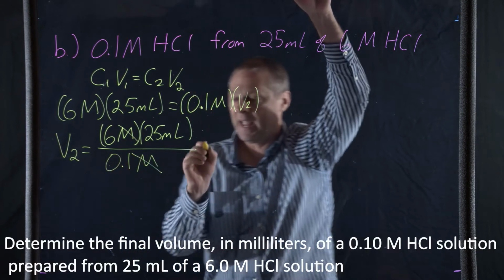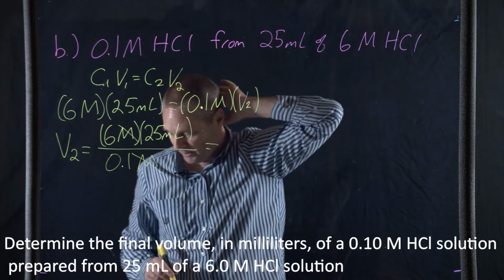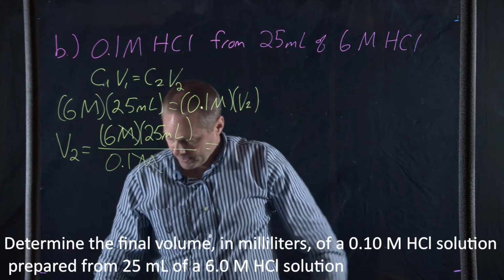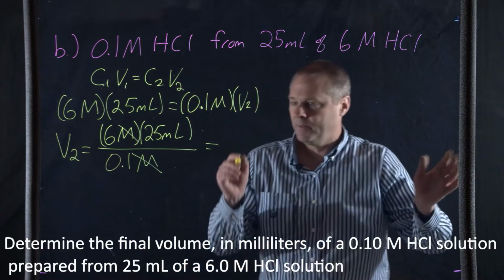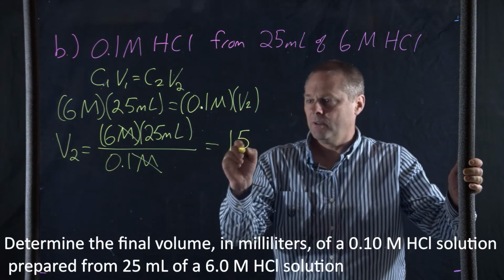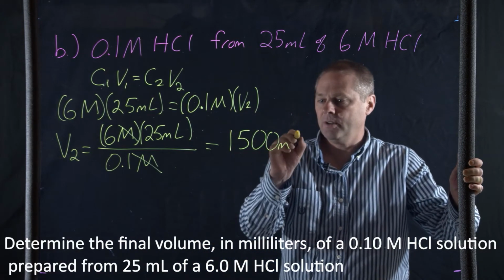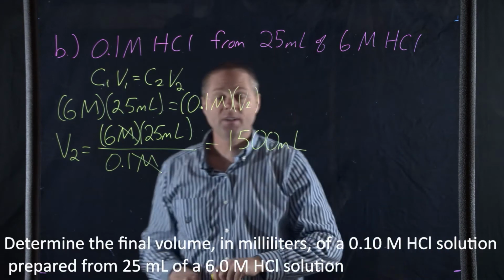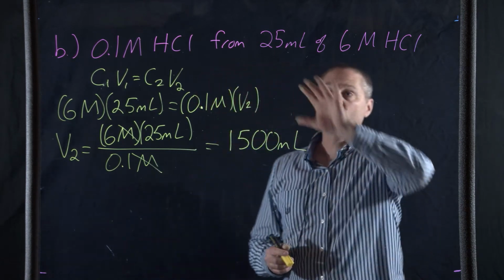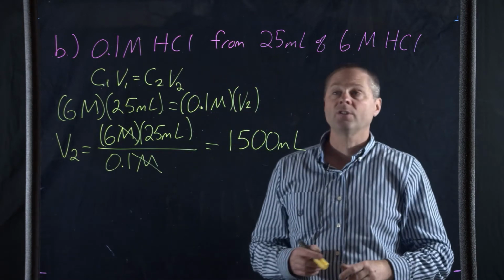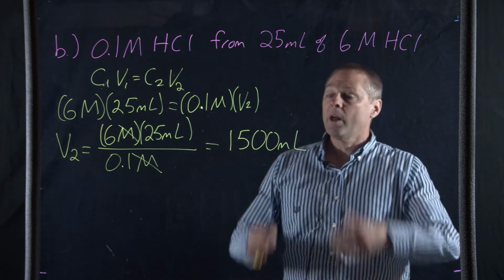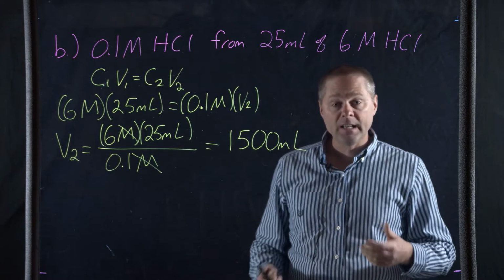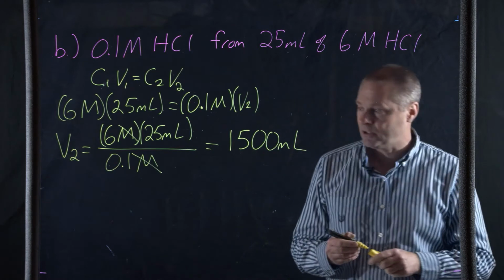Our molarity cancels. We're left in units of milliliters. And this volume is going to be equal to 1,500 milliliters. All right. So if we take 25 milliliters of a 6 molar HCl solution and we dilute it to 0.1 molar, we're going to generate 1,500 milliliters of solution.